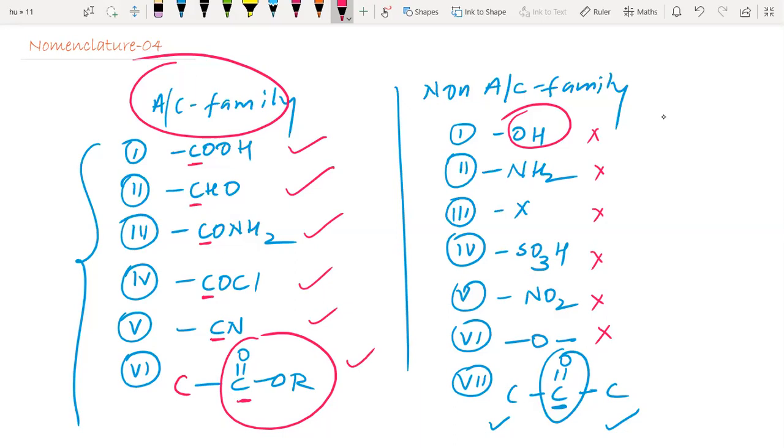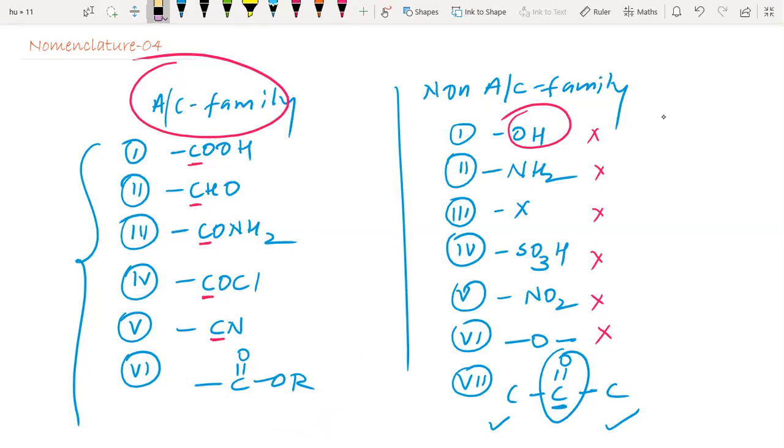So this way, and why I gave AC here, we'll discuss. The common names of these, like aldehyde, amide, acyl chloride, nitrile, ester, are derived from acid.